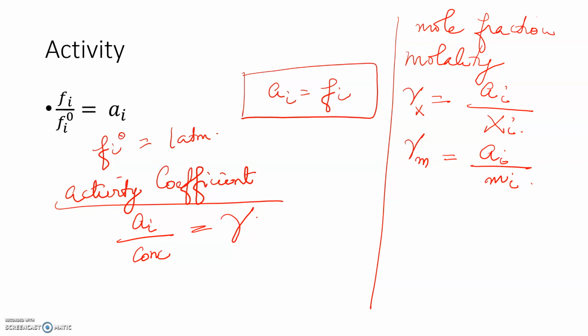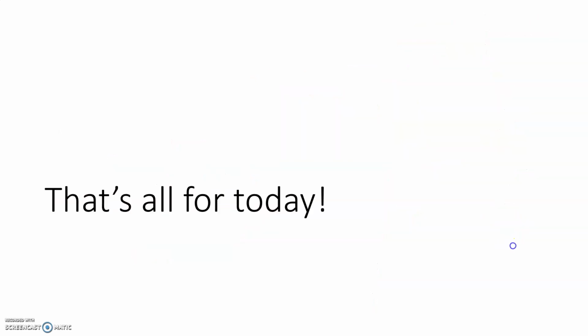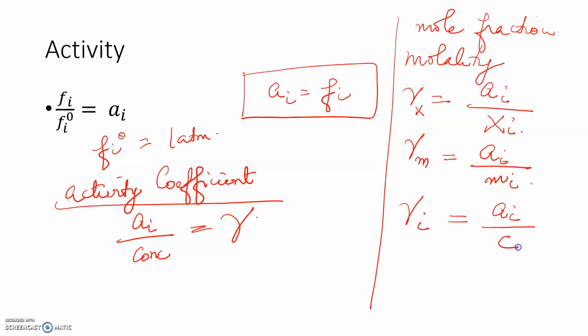This molarity activity coefficient is known as practical activity coefficient also. In such a case, we will just write gamma I is equal to AI divided by C. This is the molarity activity coefficient.